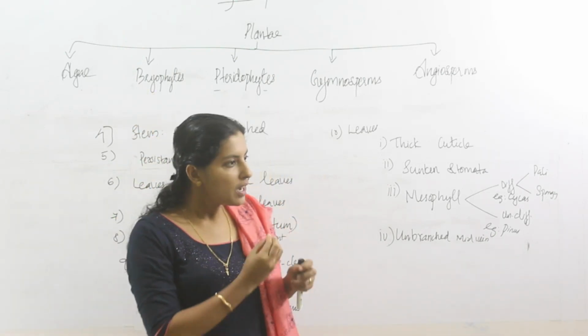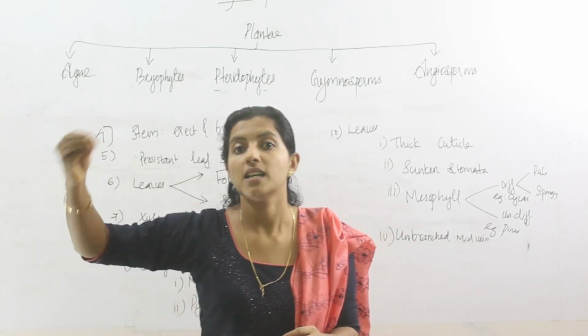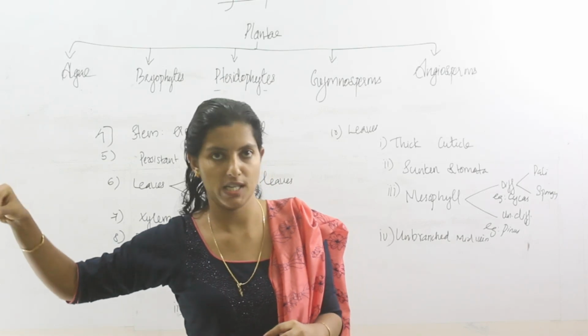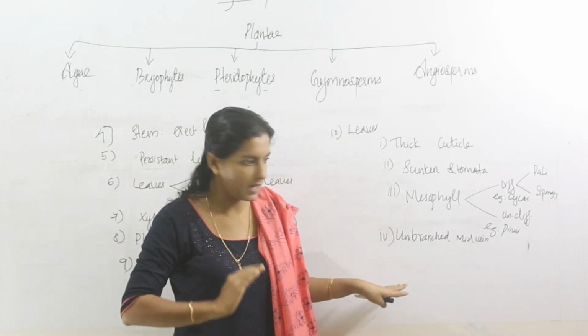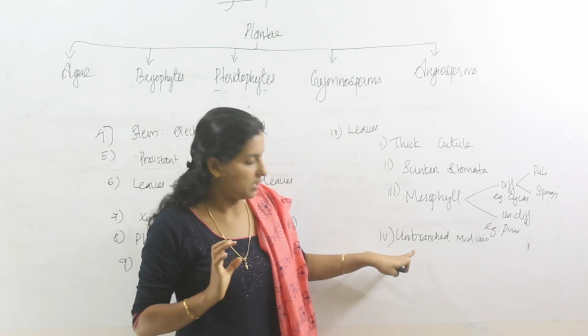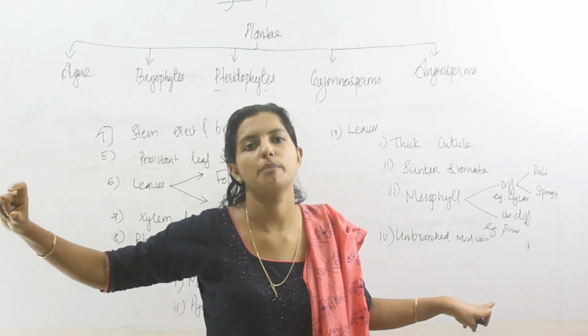Whenever there is a vein ending, there is a possibility for the loss of water through that vein ending. So to reduce maximum loss of water, in some gymnosperms, the midrib is unbranched.